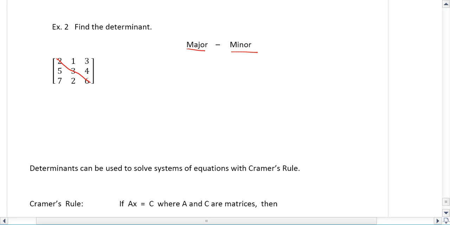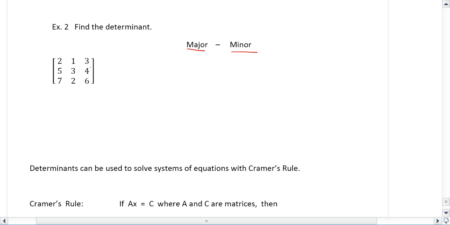This is one major diagonal, and then 1, 4, and 7 make up another major diagonal, and 2, 5, and 3 make up the other. Now, you can try to do this by jumping around inside the matrix, but I find that very difficult. I get lost in that.